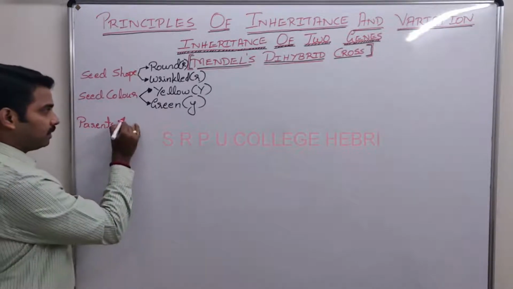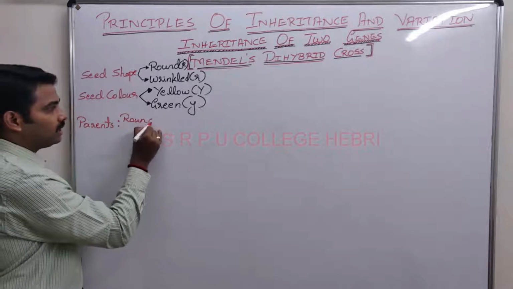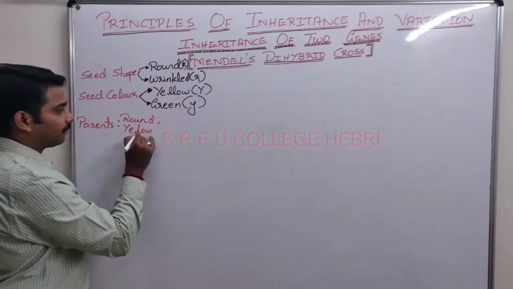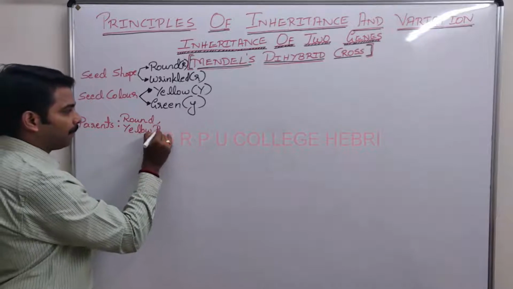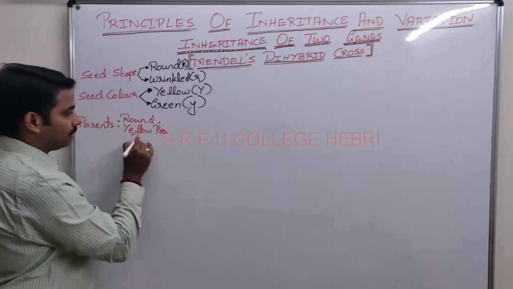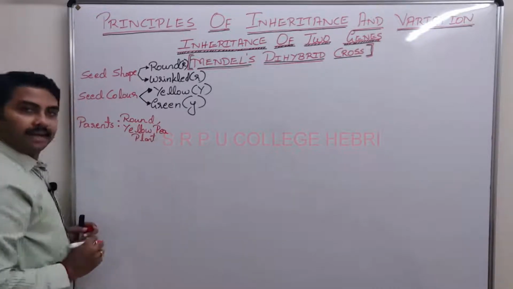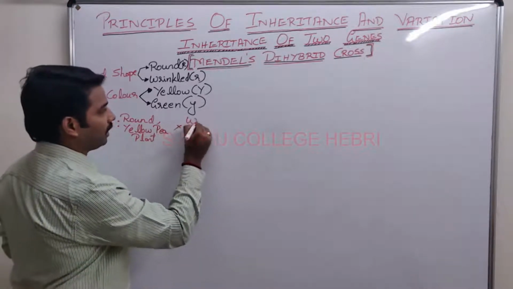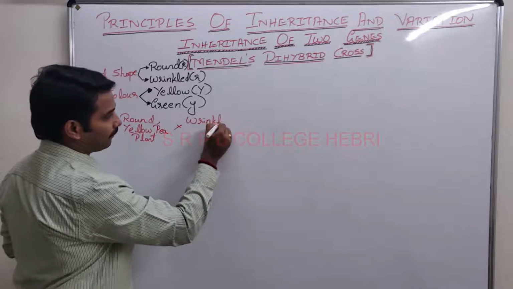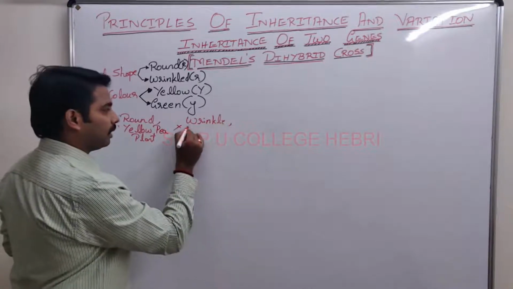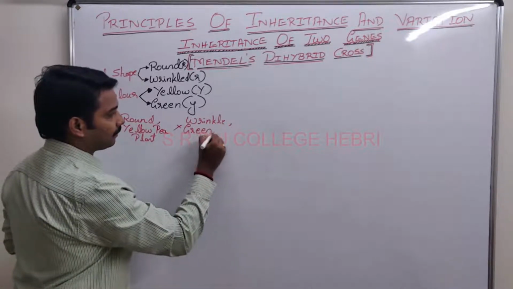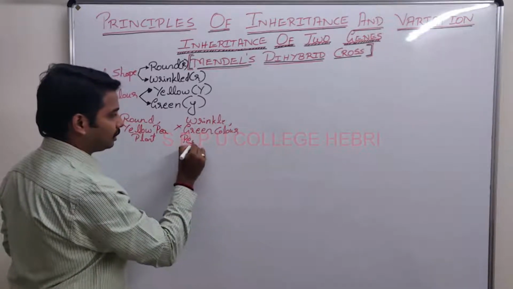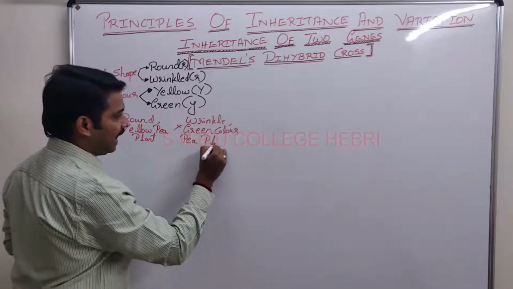He crossed a round seeded, yellow colored true breeding pea plant with which one? A wrinkled seeded, green colored pea plant, the true breeding pea plant.